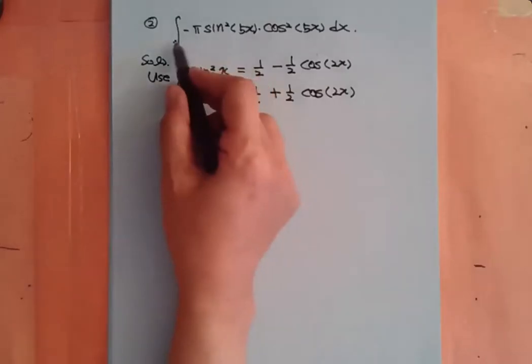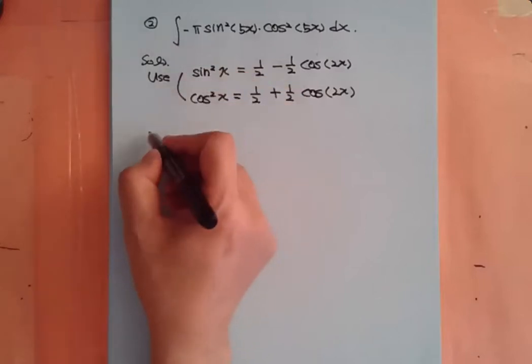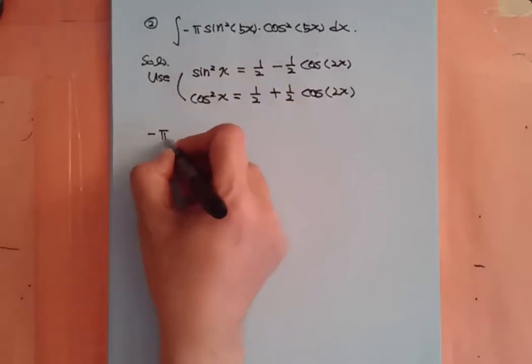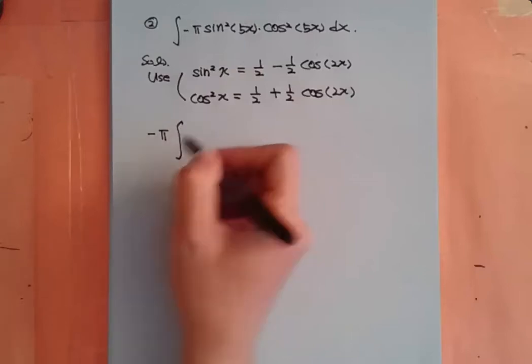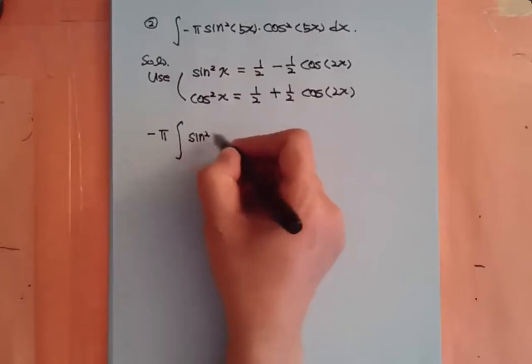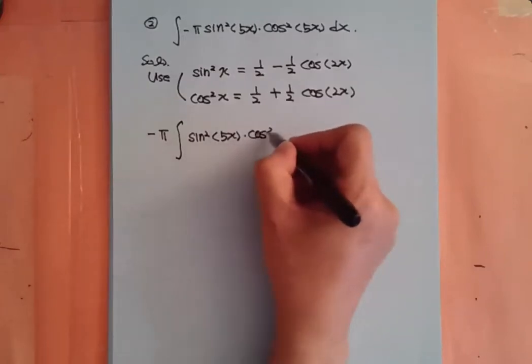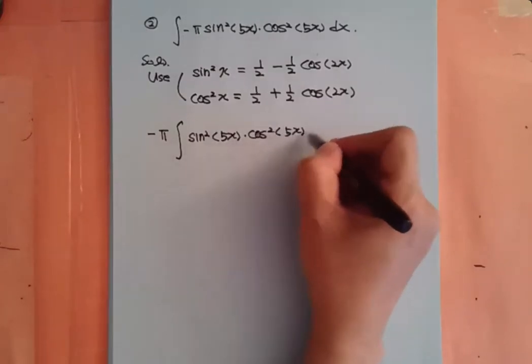We can write this one in front of the integration. So that becomes minus pi integral of sine squared of 5x times cosine squared of 5x dx.